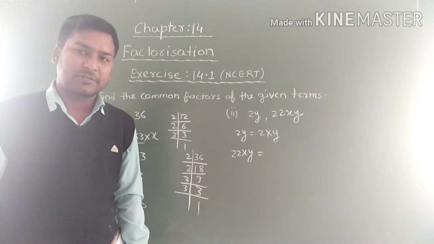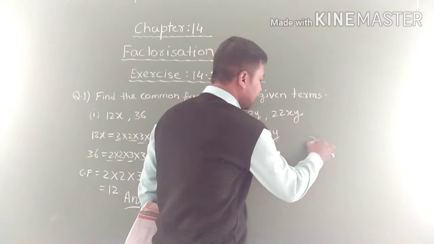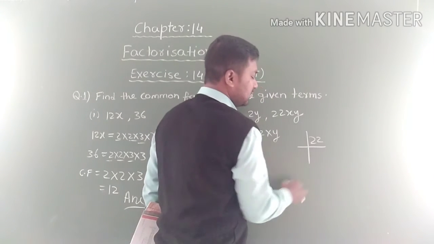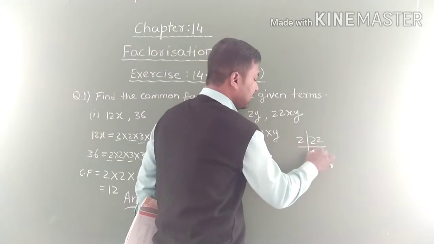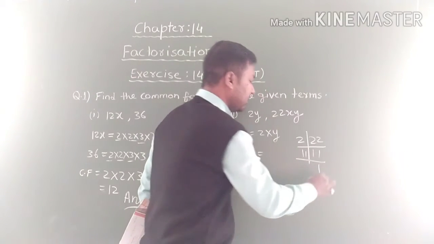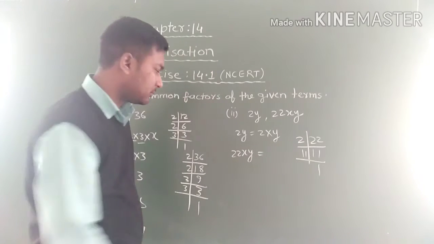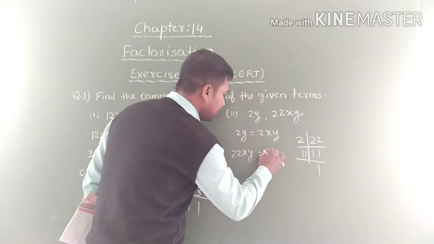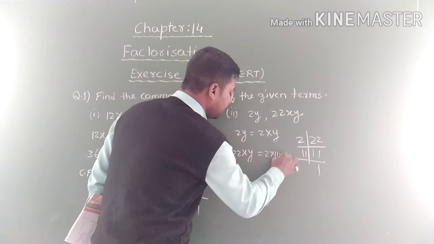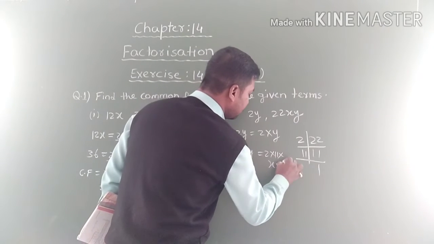Just find the prime factors of 22. You know the method. So 22, just divide by 2, so this will be 11. And divide by 11, so it will be 1. Now 22 we can write as 2 into 11. So this will be 2 into 11 into x into y.